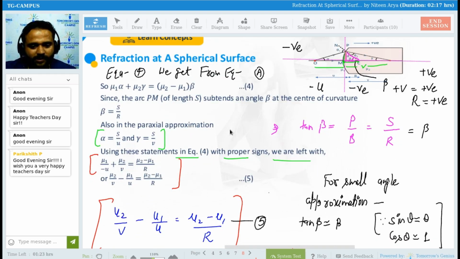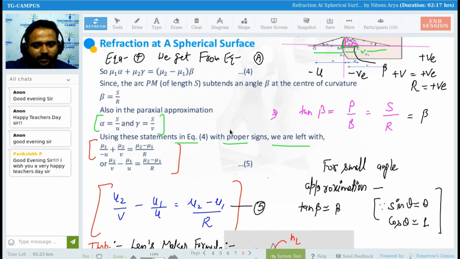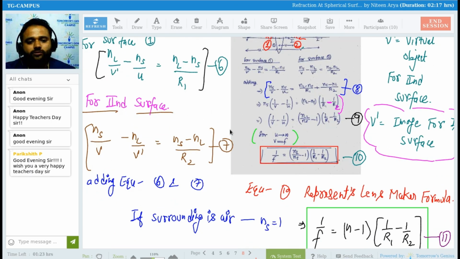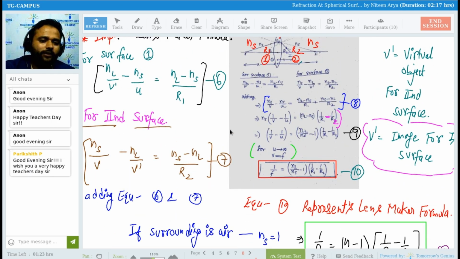Clear with everyone? So this equation number 5 itself is very important. From this equation number 5, we can define the lens maker formula also. Nothing else you need to do. If you know equation number 5, automatically you can find it. Clear, beta?